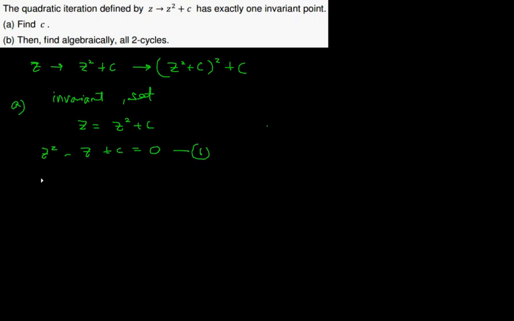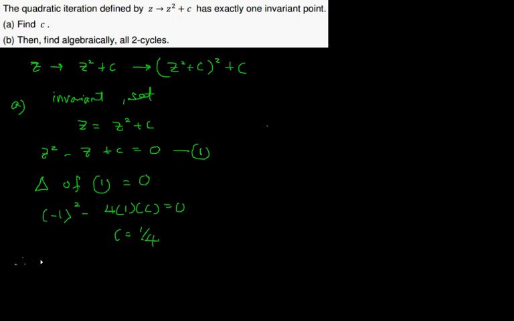In other words, the discriminant of equation 1 is equal to 0, the b squared minus 4ac thing. So using that understanding, a is 1, b is -1, and b squared minus 4ac is equal to 0. We should be able to show that c is 1/4.